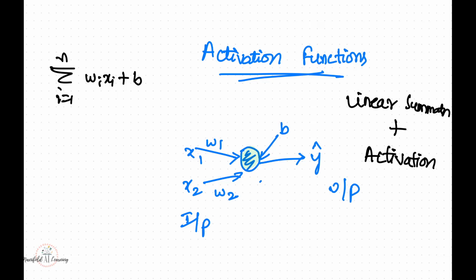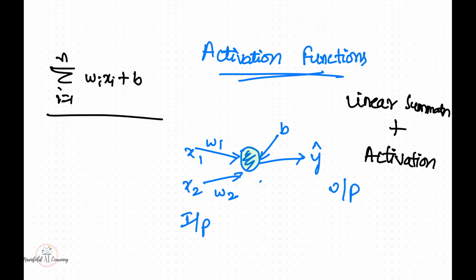Once I have the output of the summation, I'll send it to a mathematical function where I'll perform an activation. Now the question is, why should I apply this activation? Let's take up a use case.